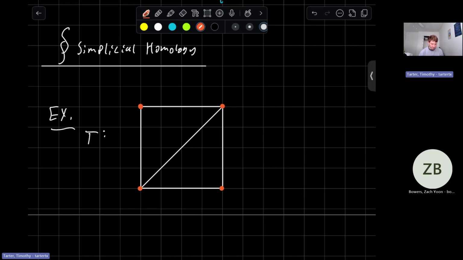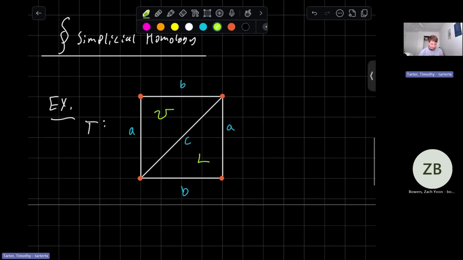Okay, so we have A, B, B, and C, and the orientation potentially changes. Then this is a second cell U. This is a second cell L. And then our vertices kind of get flipped around based off of the orientation.